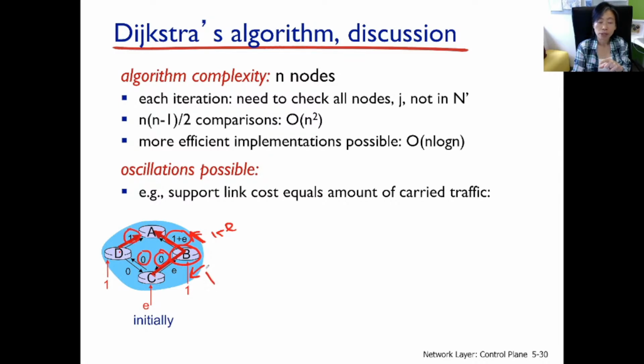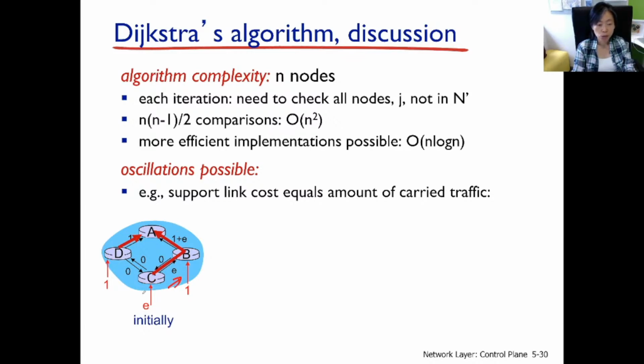So if we take the clockwise path to go from B to A, the cost is only 1. And this is 1 plus E, therefore B is going to choose to go this way to send traffic to A.